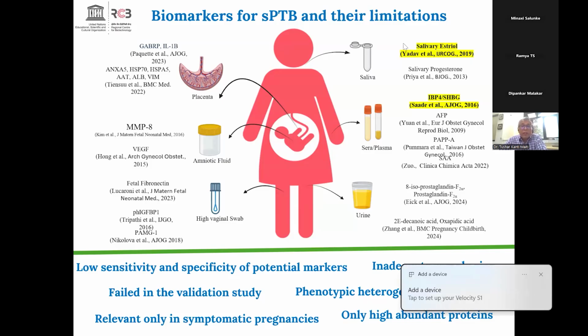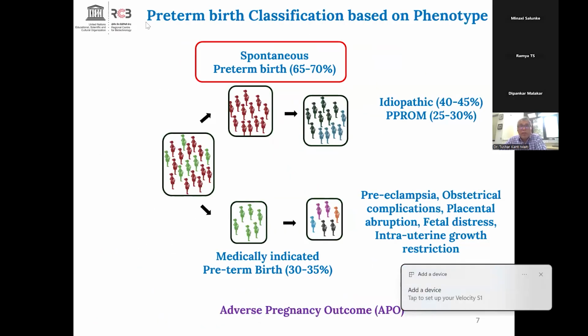Next, as I mentioned, preterm birth is classified one way, as extremely preterm, very preterm, moderate preterm, and term birth. Similarly, preterm birth is also classified based on phenotypes. One is called spontaneous preterm birth, where 60 to 70% of preterm births are spontaneous.